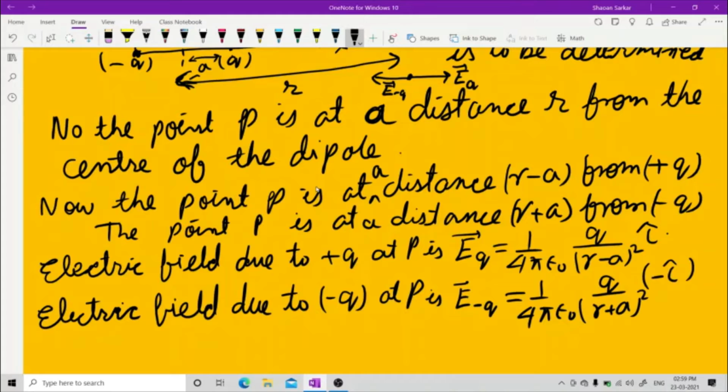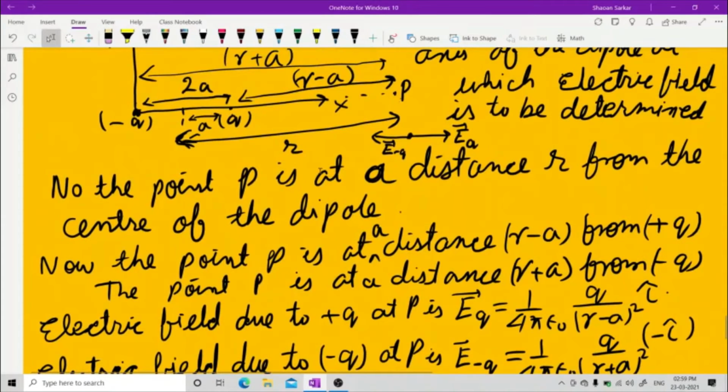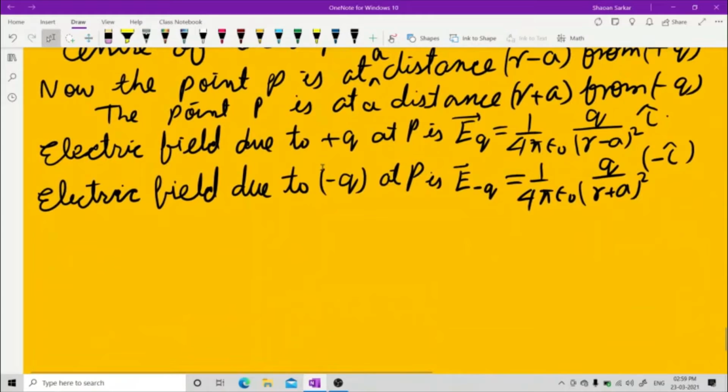Why minus i cap? Because if you see this figure, the unit vector i cap is in this direction, so this is opposite to the i cap, the positive x-axis. That's why the minus sign.